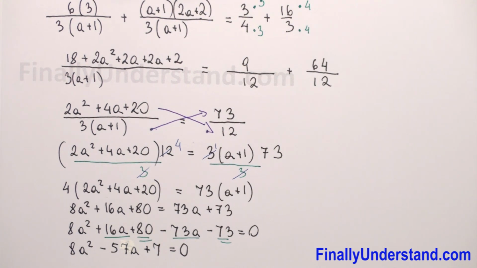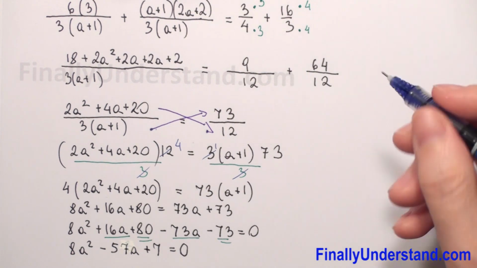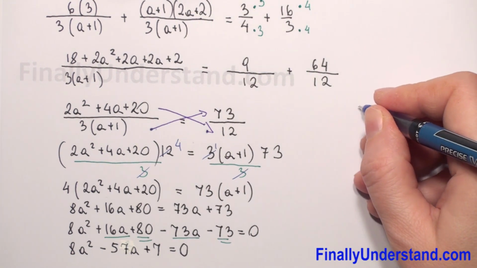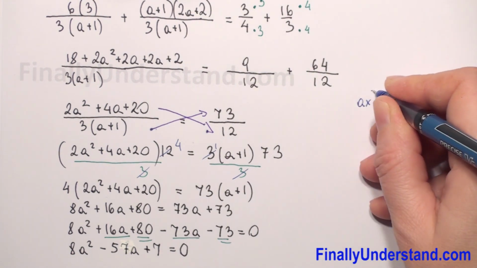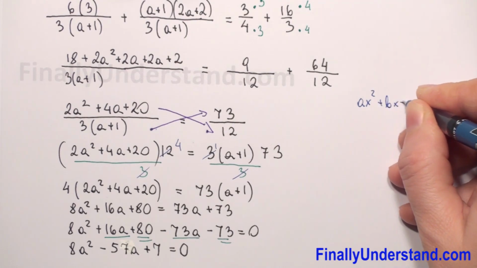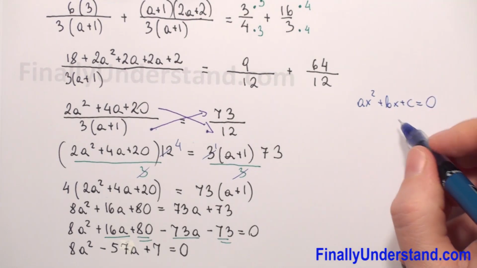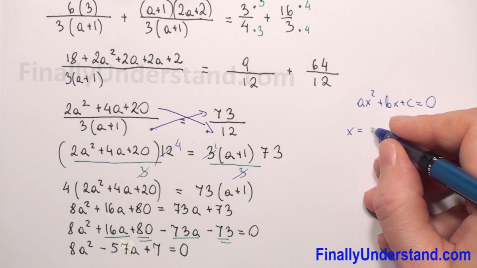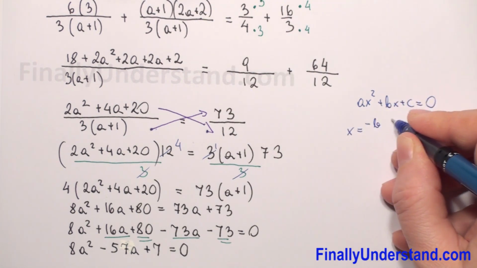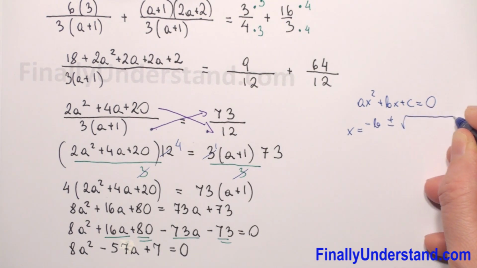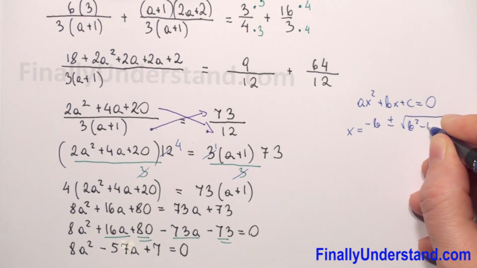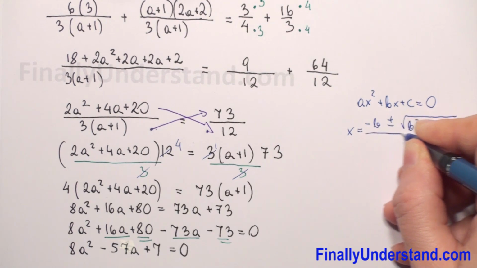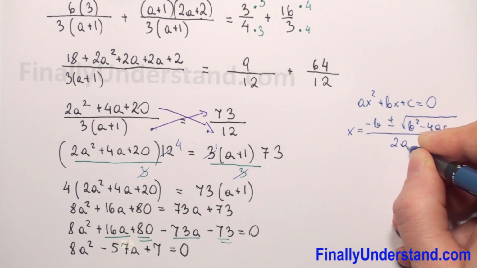We know formula. When we have quadratic equation, let me write this. ax squared plus bx plus c is equal 0, and now is x. So x is equal negative b plus minus square root of b squared minus 4ac over 2a.